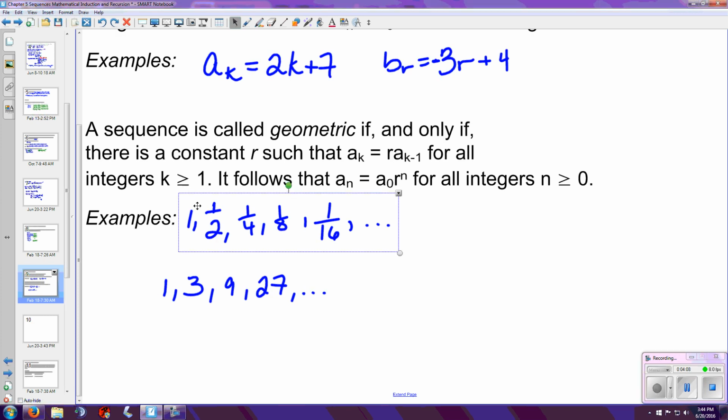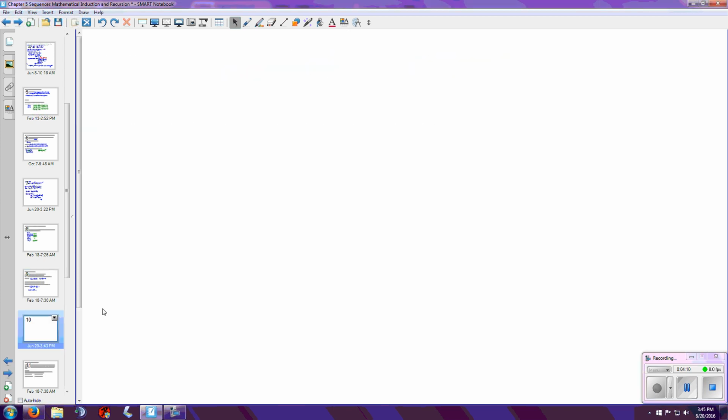Now, if you want to find the sum of an infinite geometric series, we can use the following formula. Take the sum from some indexed value, let's call it i, equals 0 to infinity, of a constant a times our common ratio r to the i.